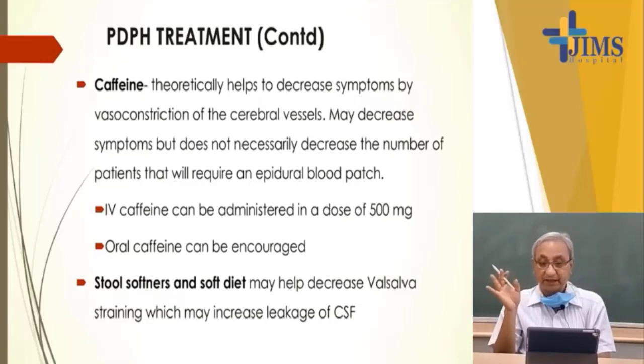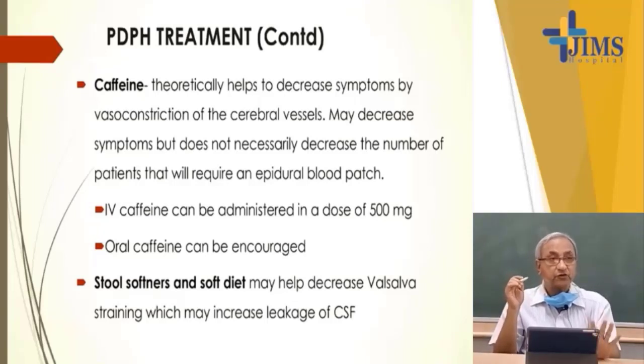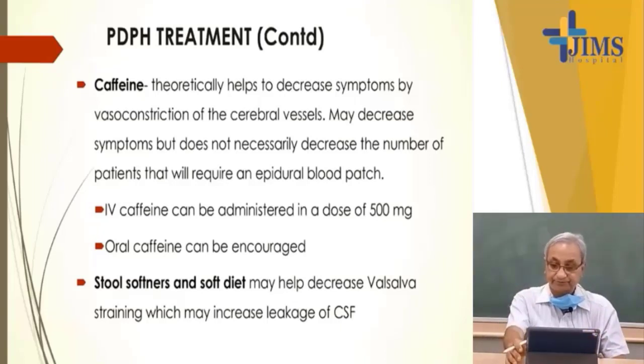IV caffeine may be administered in doses of 500 mg. Oral coffee should be encouraged. Patient should get a stool softening agent so that the patient does not have to use strength to pass stool, because if the patient uses strength to pass stool, the headache increases.